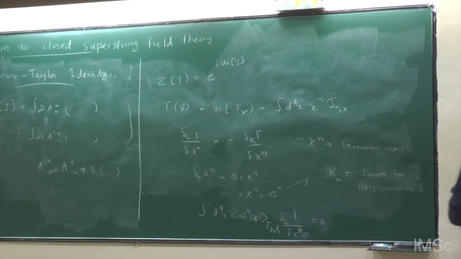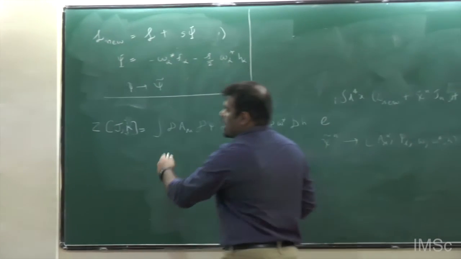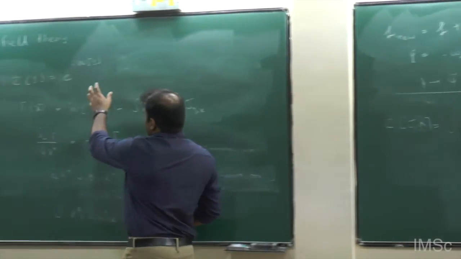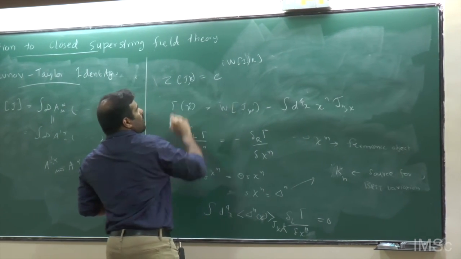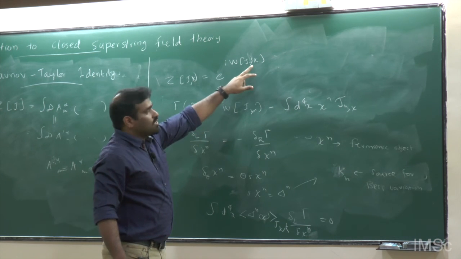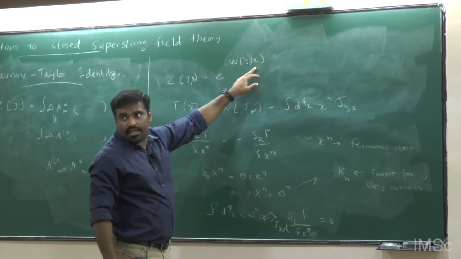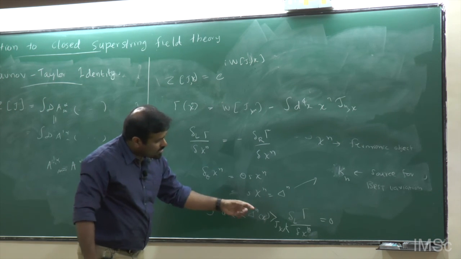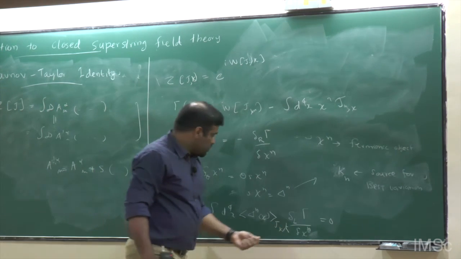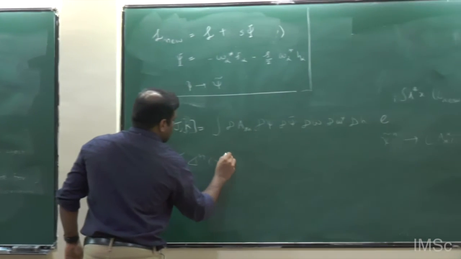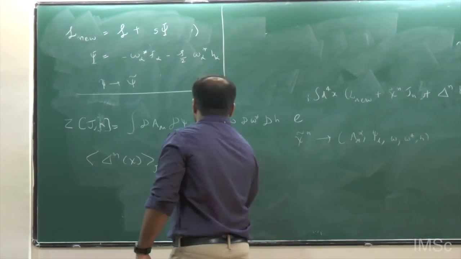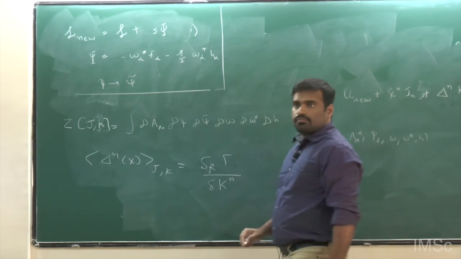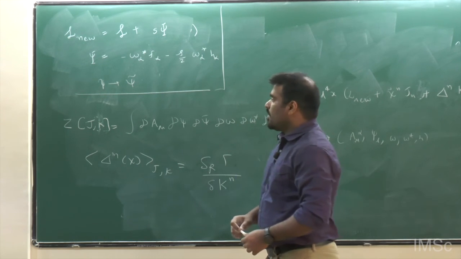So anyway, you can find the identity satisfied by the generating function with sources J and K. And the interesting thing is that again you can define a W. But with the source K, so you have W J K, and then do the Legendre transformation, and get an effective action with sources J and K. And one can show that this piece, delta n chi, an expectation value for the BRST transformation with sources J and K, is equal to the right derivative of the effective action with respect to K n. This you can compute without doing a lot of things.